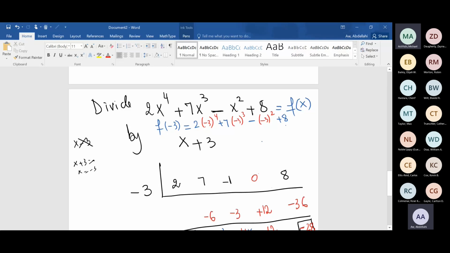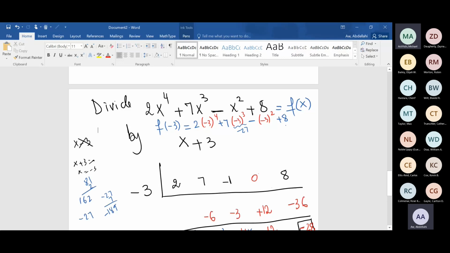Negative 3 to the 4th is 81. So 81 times 2 is 162, right? Negative 3 cubed is negative 27, times 7 is negative 189. So when I add them up, 162 minus 189 is negative 27.